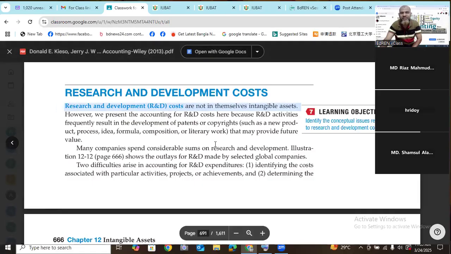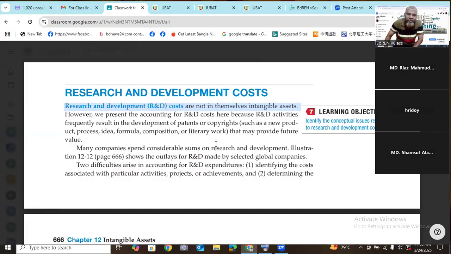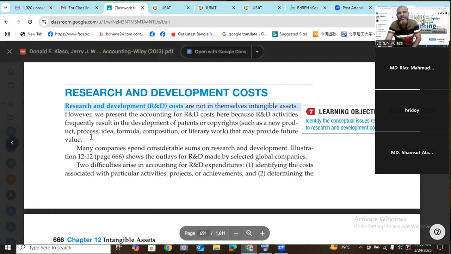However, we present the accounting for research and development cost here because research and development activities frequently result in the development of patents or copyrights, isn't it? If you invest your money to create a new patent or a new copyright, then you have to invest money. There occurs cost, isn't it? That may provide future value.